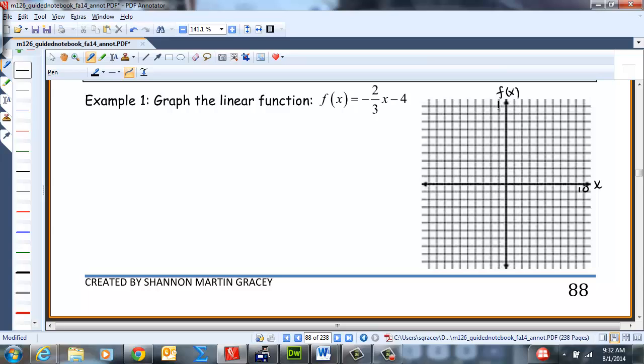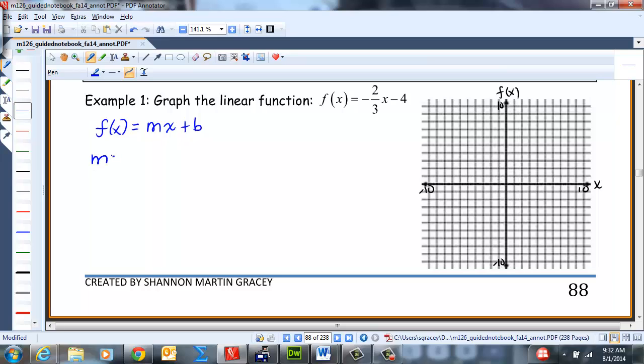I'm just going to use a regular scale. So here, remember that the general form of a linear equation is f(x) = mx + b.